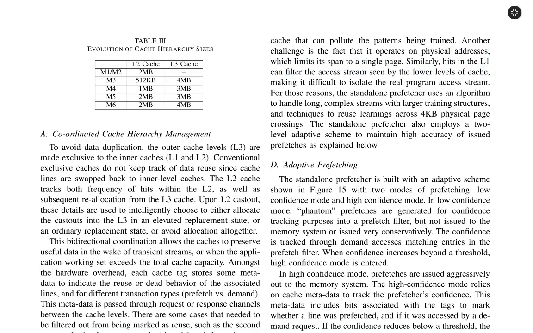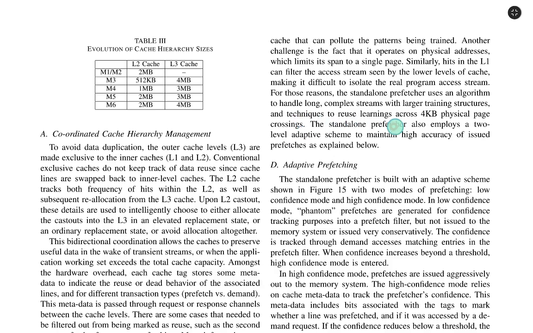Similarly, hits in the L1 can filter the access stream seen by the lower level cache, making it difficult to isolate the real program access stream. For these reasons, the standalone prefetcher uses an algorithm to handle long, complex streams with large training structures and techniques to reuse the learning across 4 KB physical page crossings.